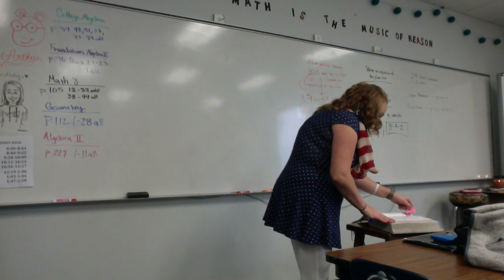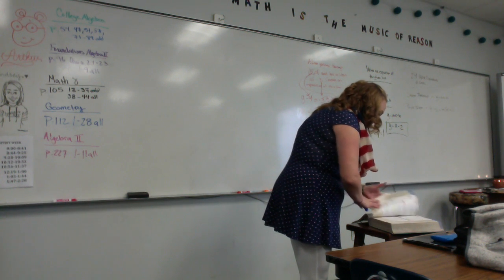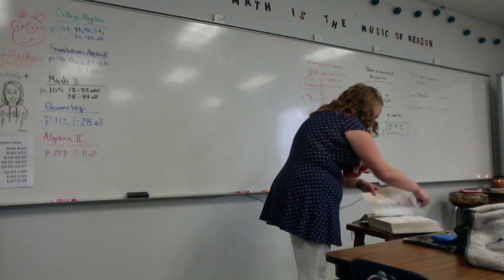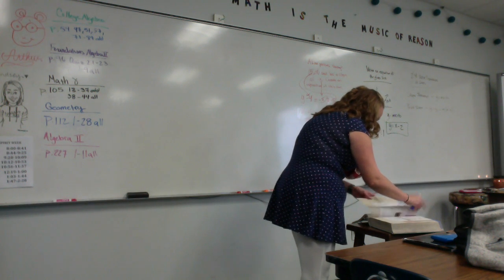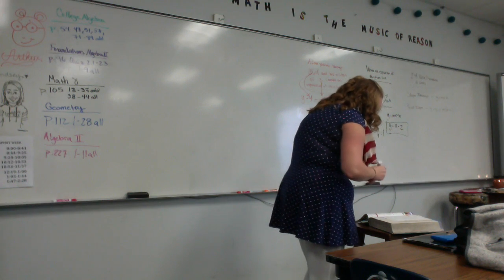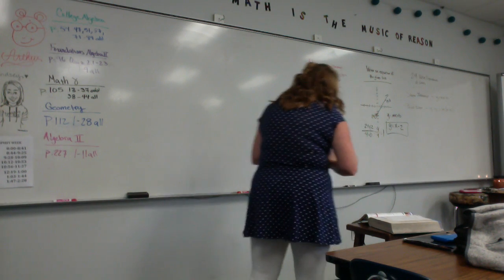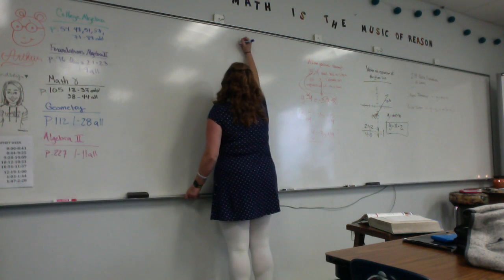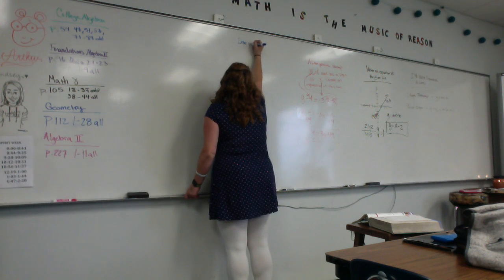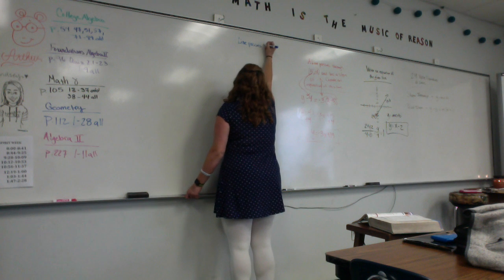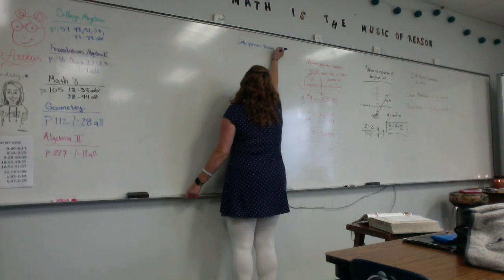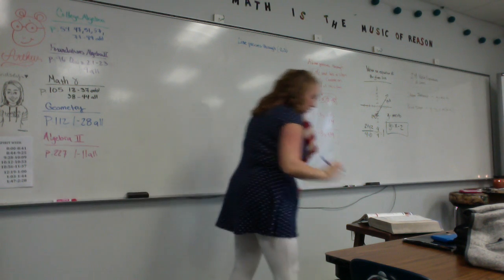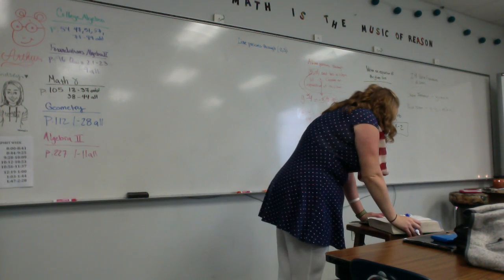We're going to do one other kind, and then we're going to stop there and finish the rest tomorrow. Okay? We're going to focus on what if it says you have a line that passes through negative 2, 3. Okay?